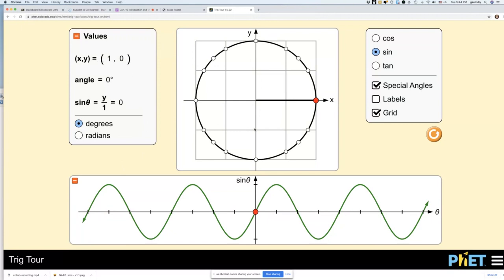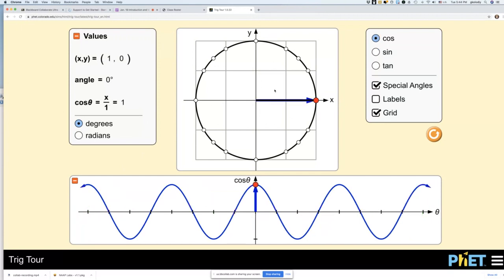Right now we're going to look at cosine. Cosine is equal to 1 right here, because the blue arrow is equal to 1 and the hypotenuse is equal to 1, so they're both the same. X is equal to 1, and the hypotenuse is equal to 1, and therefore the angle is 0 degrees.